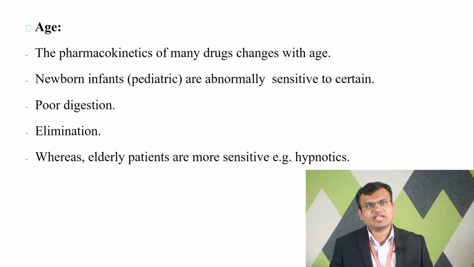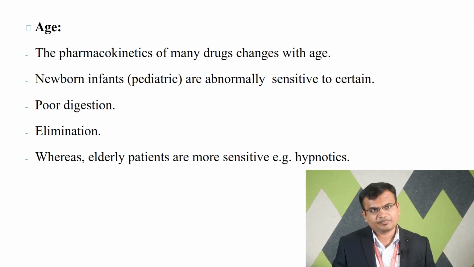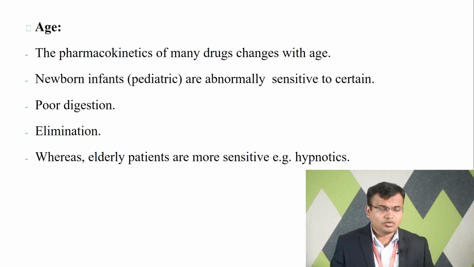When we talk about age, the most important factor in this physiological parameter, the pharmacokinetic parameters of the drug are purely related to age. Because when we compare the newborn with the adult or even the geriatrics, the whole pharmacokinetic parameters of the drug are changed.